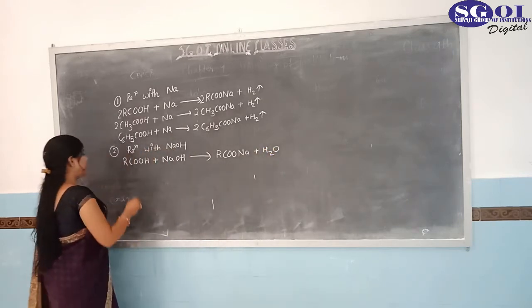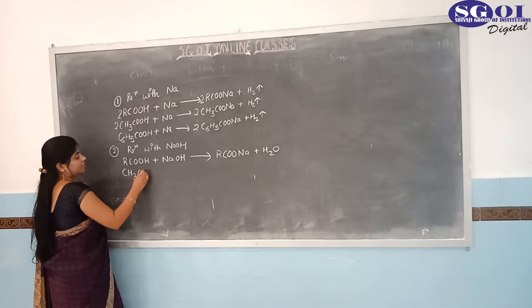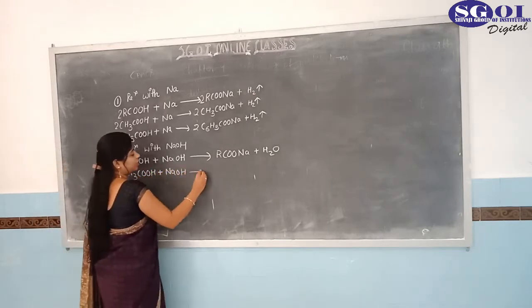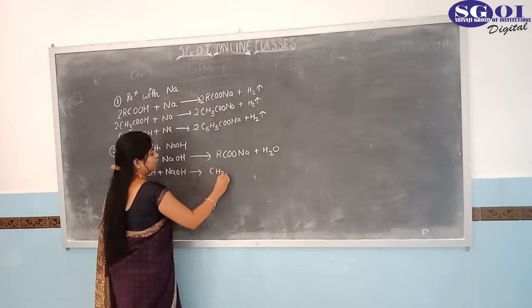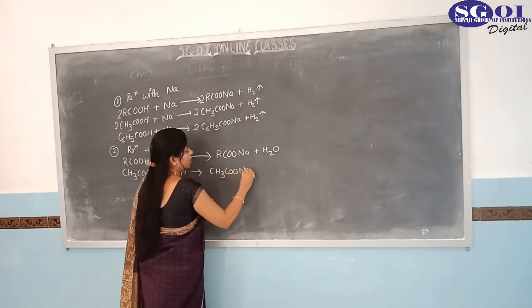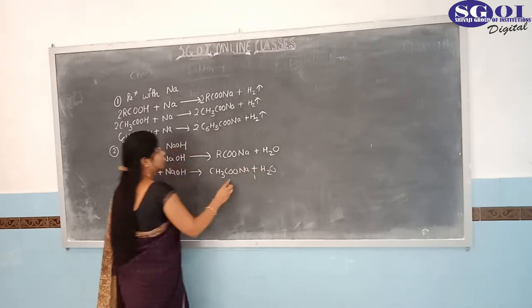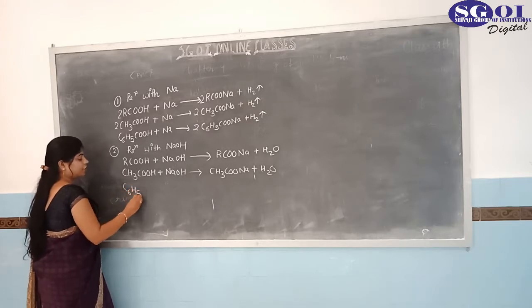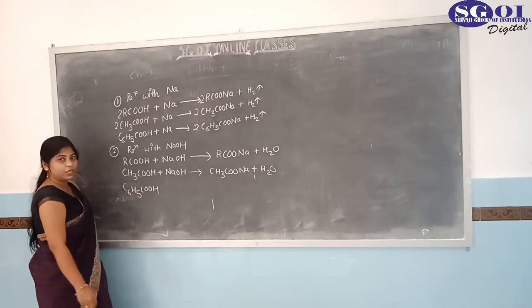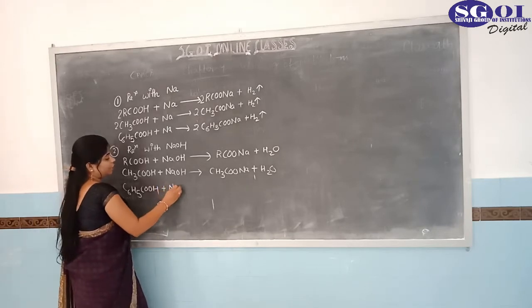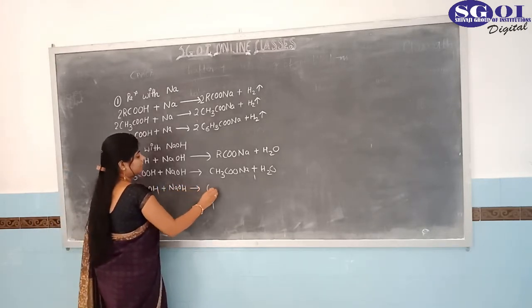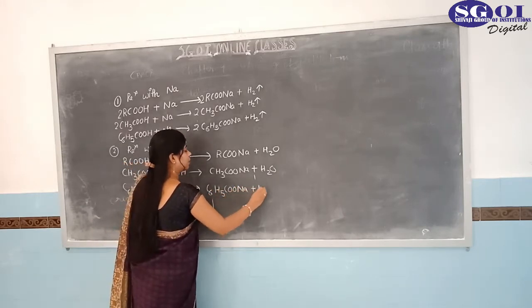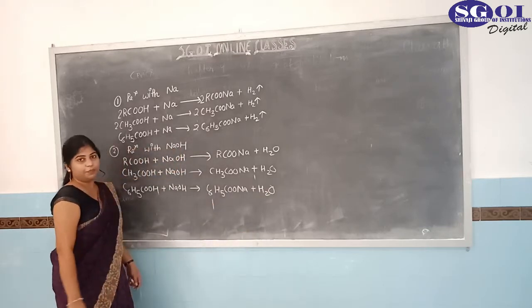For example, when we take CH3COOH and react with base, that is NaOH, it gives CH3COONa plus water, that is sodium acetate. And when we react C6H5COOH, that is benzoic acid, with NaOH, it gives C6H5COONa plus water, that is sodium benzoate.